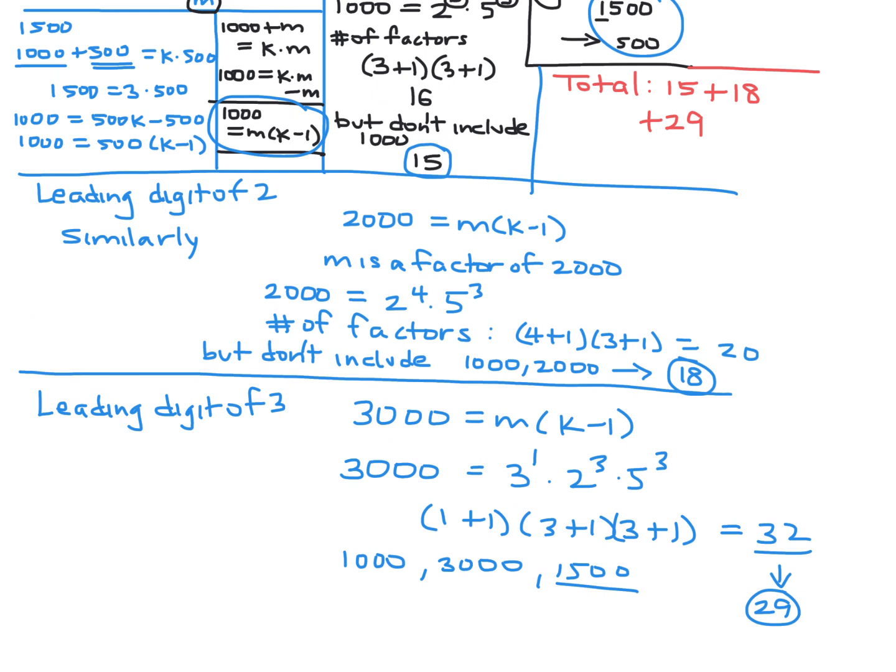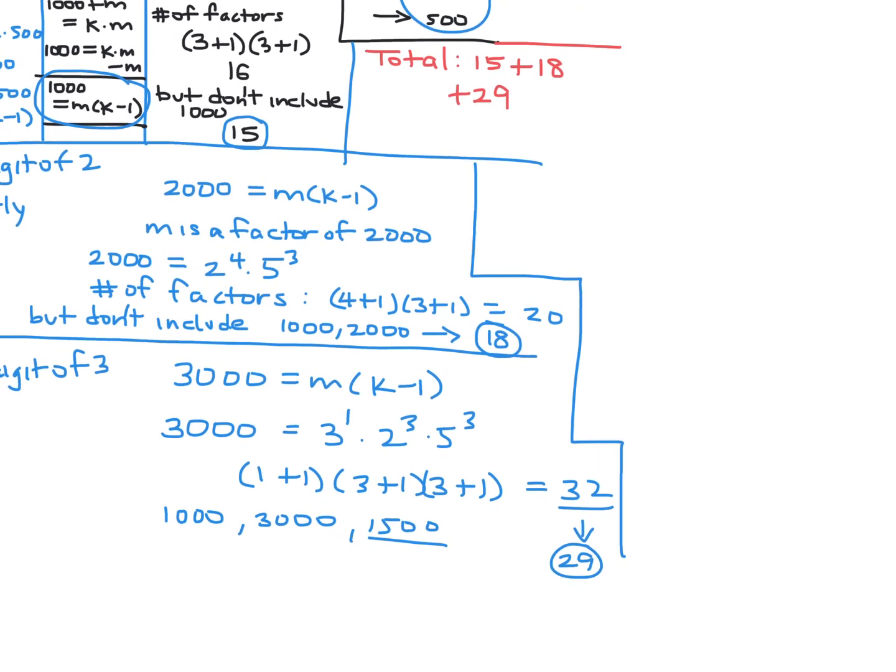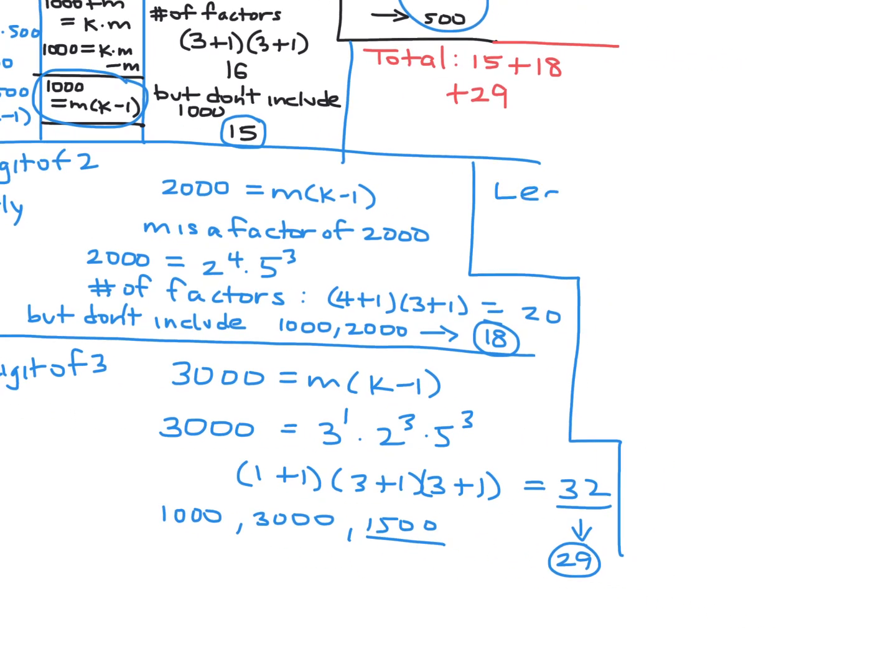And then we got one more leading digit. The last one is 4. And by now, hopefully you're an expert. So 4,000 this time is equal to m times k minus 1. And therefore 4,000, well, what's that? Prime factorization, 2 to the power of 5, 5 to the power of 3.